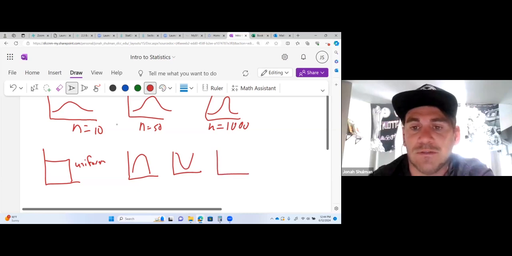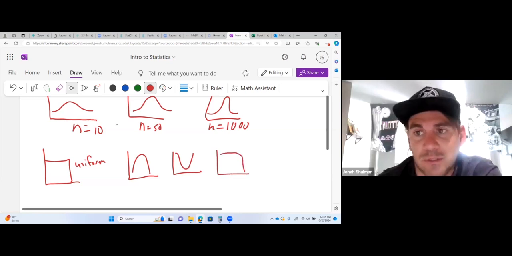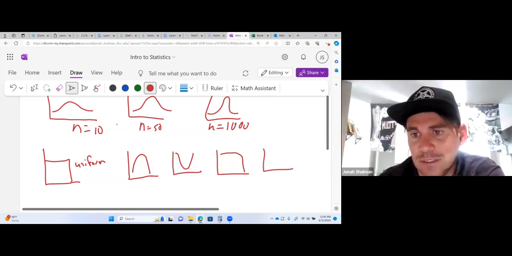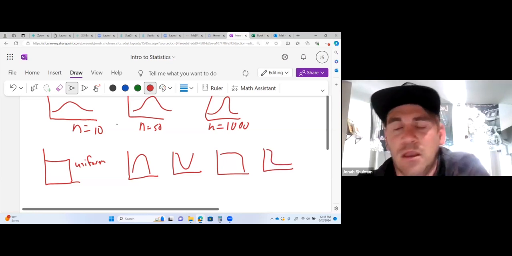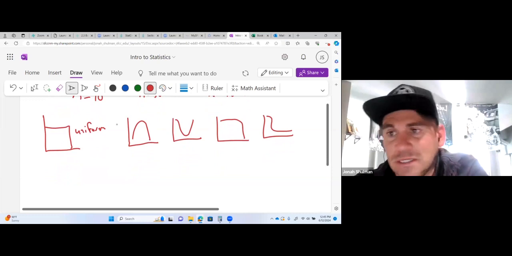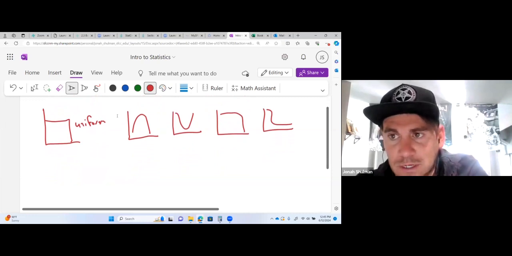Sometimes we have stuff that's logarithmic. It really depends on the way that our populations look, right? So we could have all these different ways to look at the population. Sometimes it's going to be skewed to the right or skewed to the left. And we still want to be able to do percentages and probabilities with these things, right?